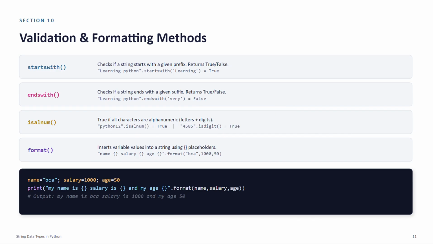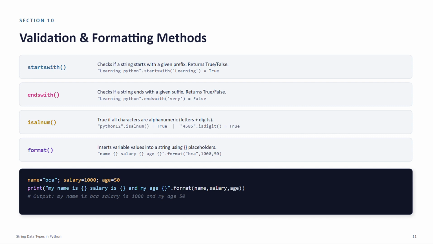Now, learning Python dot startswith learning. You can write a program that stores learning Python in one variable and checks s dot startswith learning, and it will give the output as true or false.